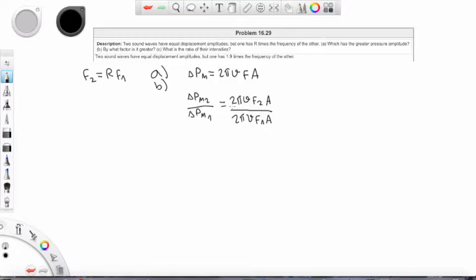So everything else cancels out except F2 over F1, and we know what F2 is. It's R times F1. So the ratio simply becomes R, which is 1.9 in this case.